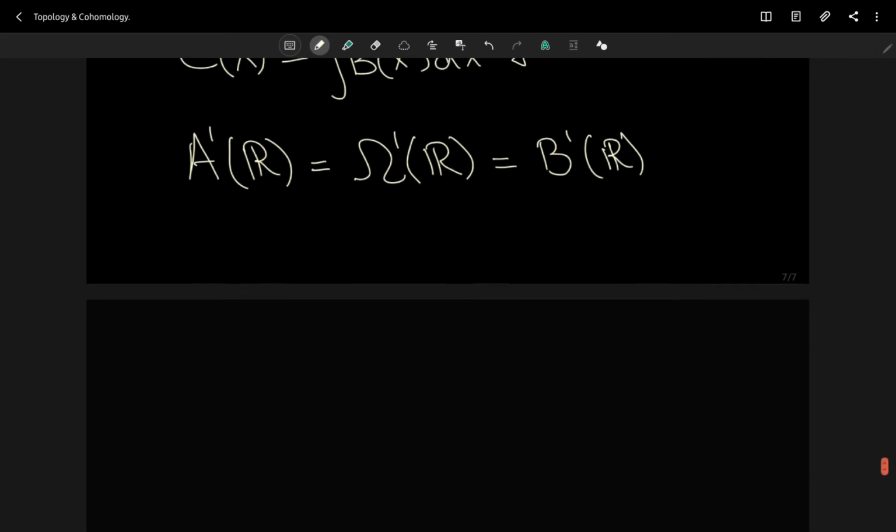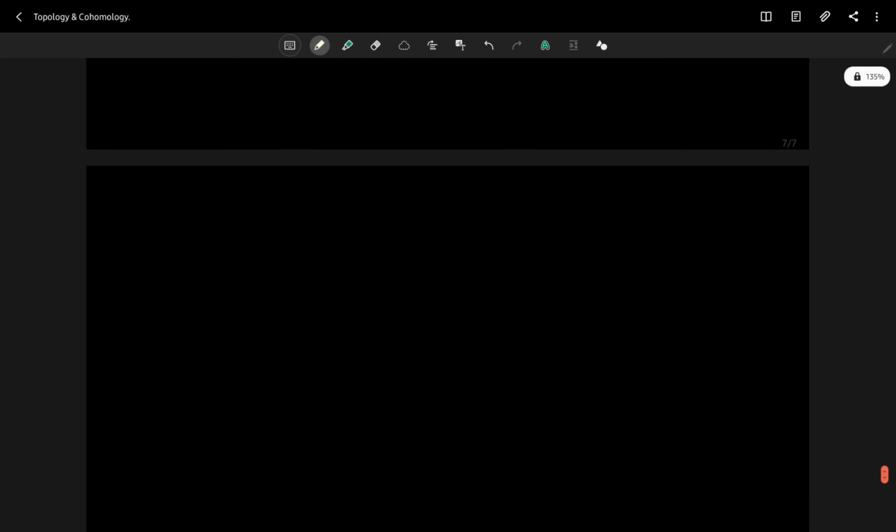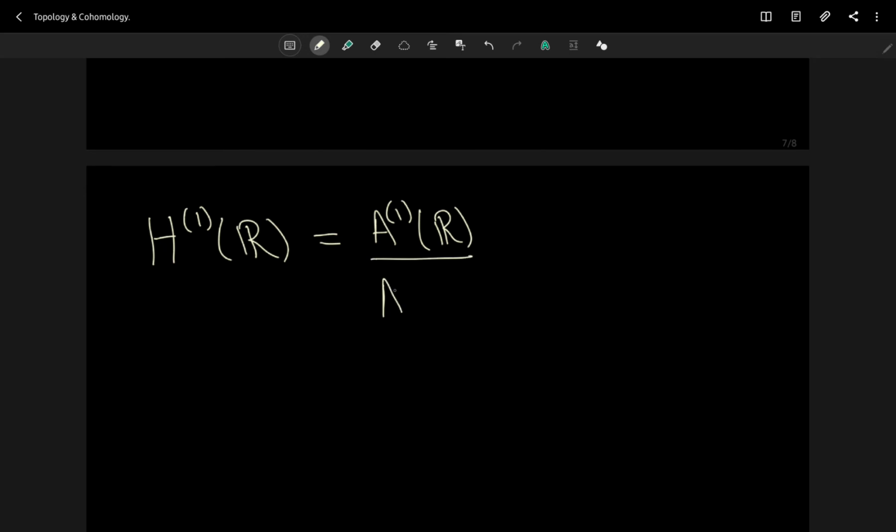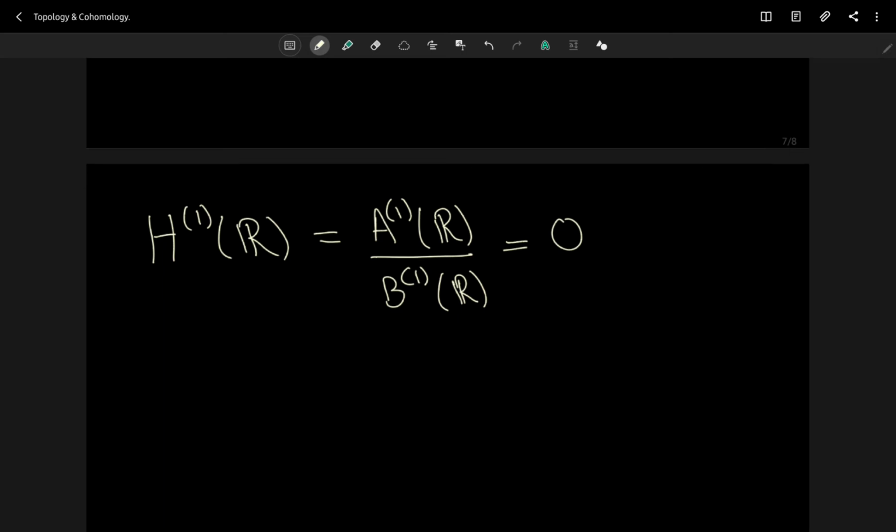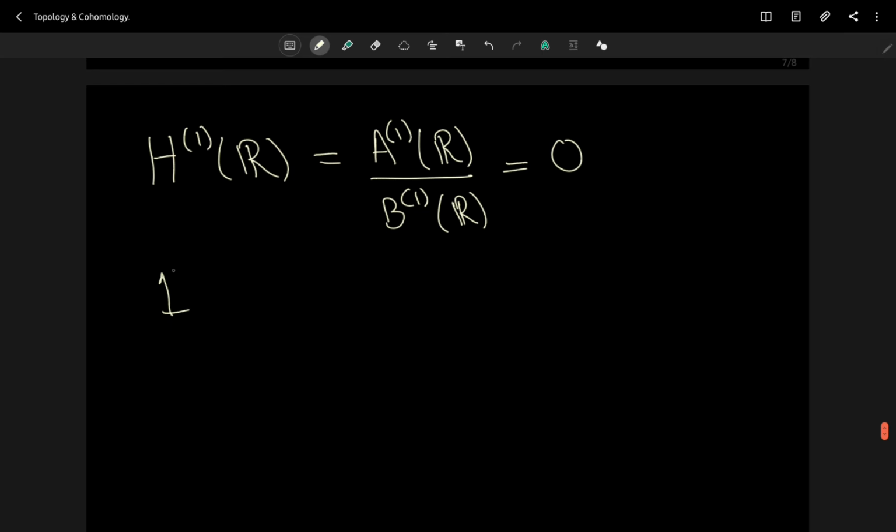And so in this case, H1 on your real space, this quotient, which is equal to A1 over B1, vanishes. And then the first Betti number of R is 0, right?